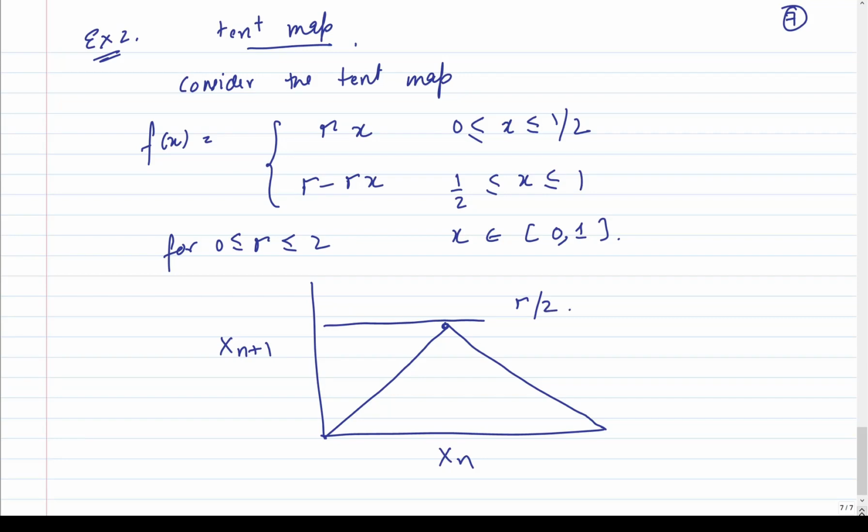So the nice thing about the tent map is that f'(x), which is useful in calculating the Lyapunov exponent, is plus or minus r for all x.